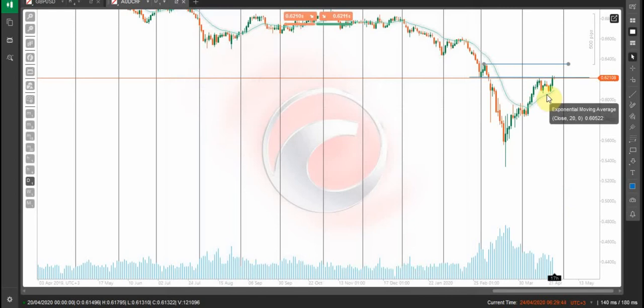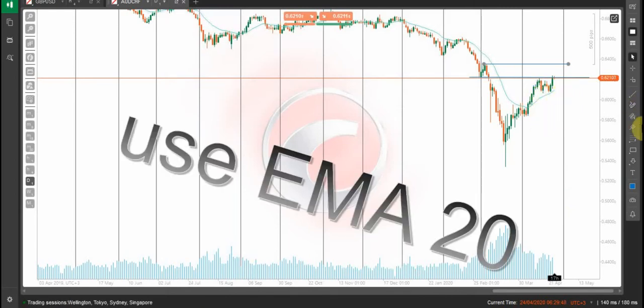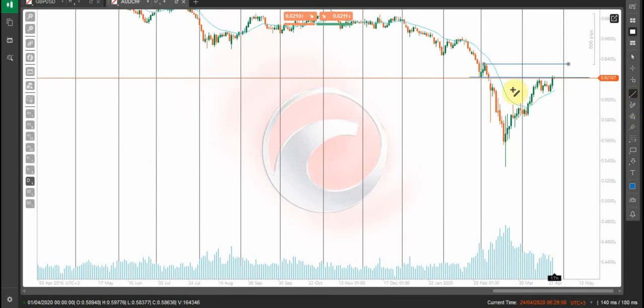If we can see right here, it touches twice. And if I make a trend line over here in this area, you can see it holds and becomes a support. So his entry is too late.